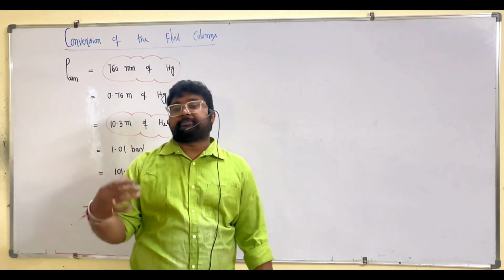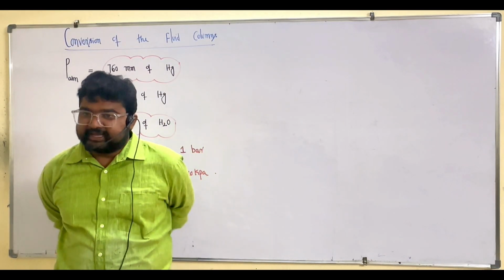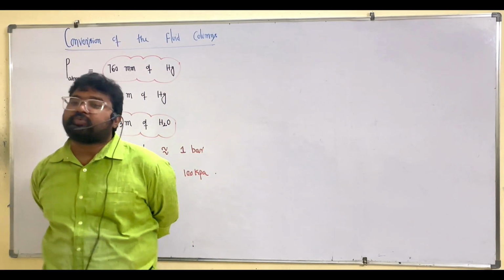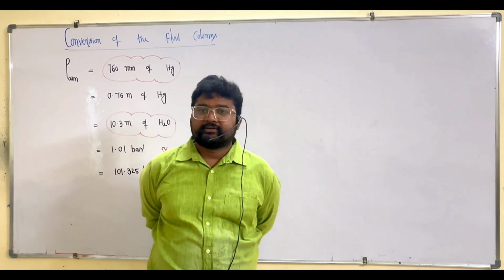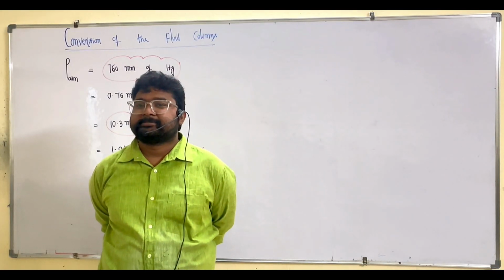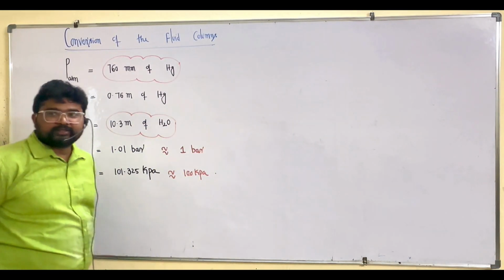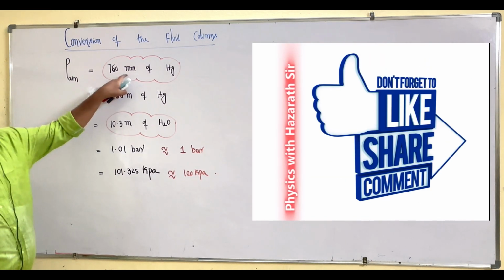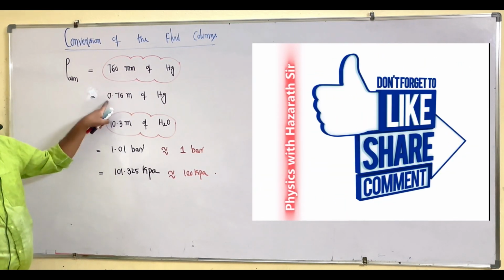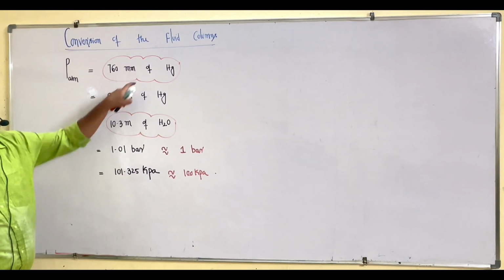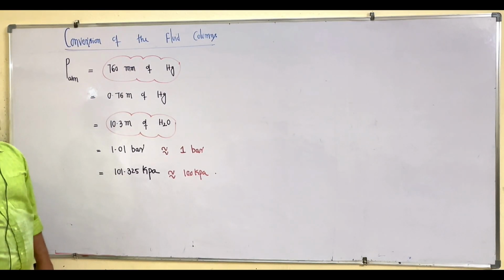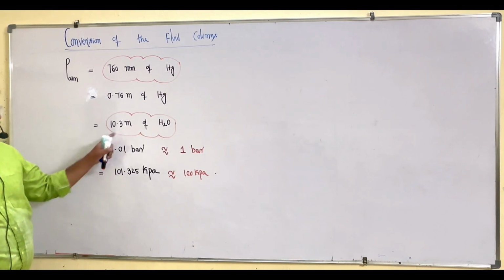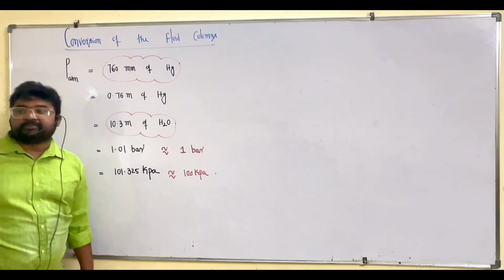So to measure the pressure, the manometric fluid is mercury. Why mercury? Why not water? Tell me. Here, for 1 atmospheric pressure, how much fluid column is there? 760 mm. Understood? For 1 atmospheric pressure how much is it? 10.3 meter.